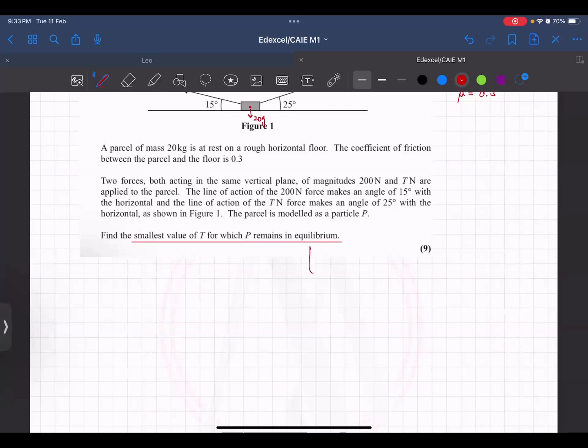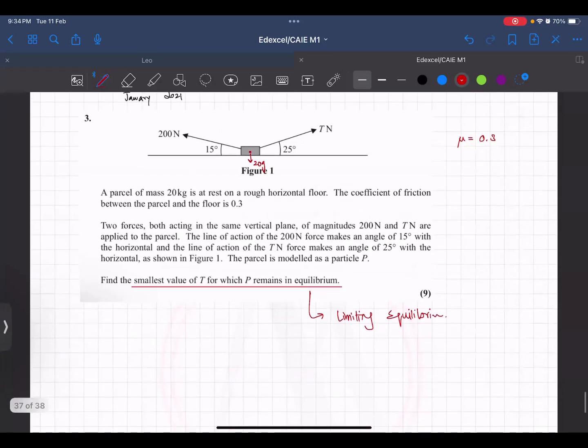It remains in equilibrium means definitely this is limiting equilibrium, because the forces are being applied over here, and there is friction as well, but still the things are not moving. It is still in equilibrium. And why are they telling you to find the smallest value of T?